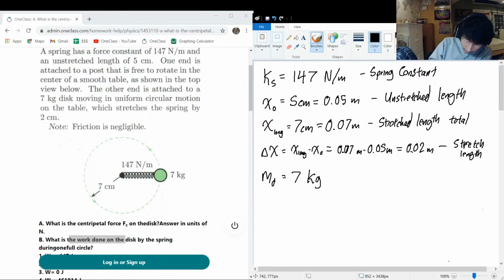Okay, so I'll write that in a different color. F centripetal is equal to F spring.